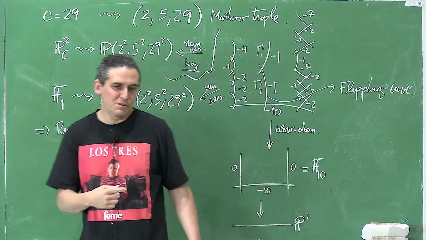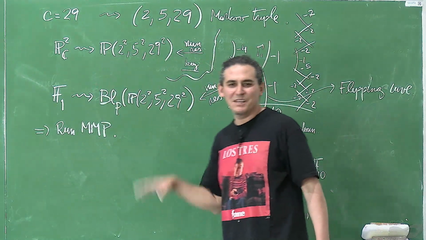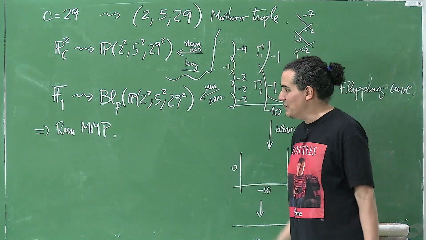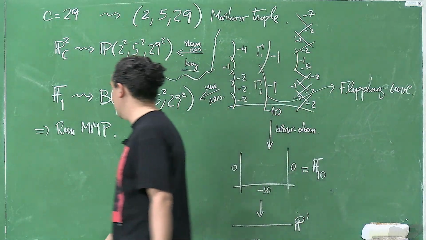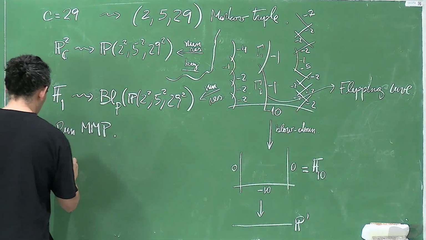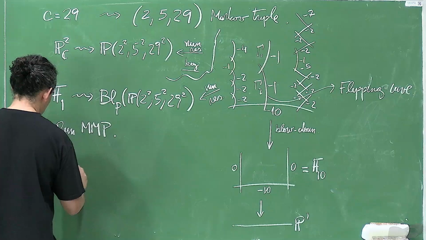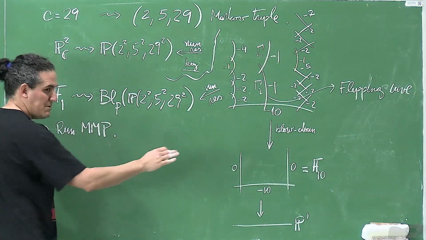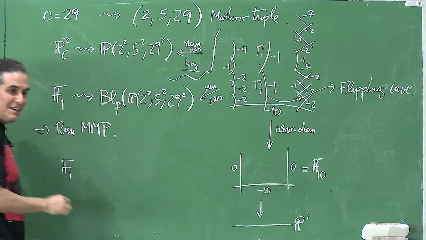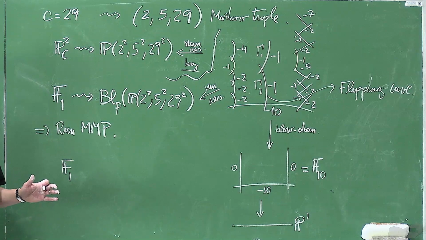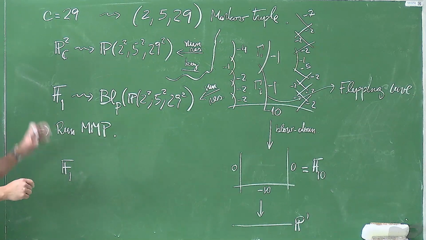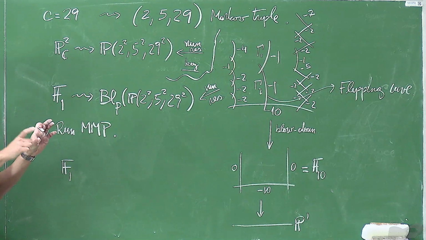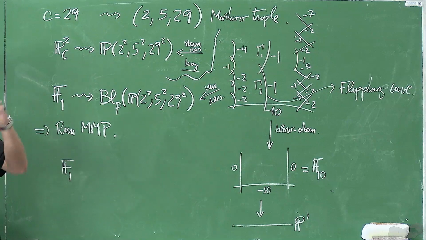And now I will show you the picture, because now it's more complicated. It's not like you do one flip and you finish. Remember that we need to get into a picture where F1, well, it turns out there are no divisorial contractions. You will see only flips, and these flips are going to be unique. So you do a flip, you will have a positive curve, and there is a negative curve, a unique one, and this is flipping, and you do it again, and again, and again.